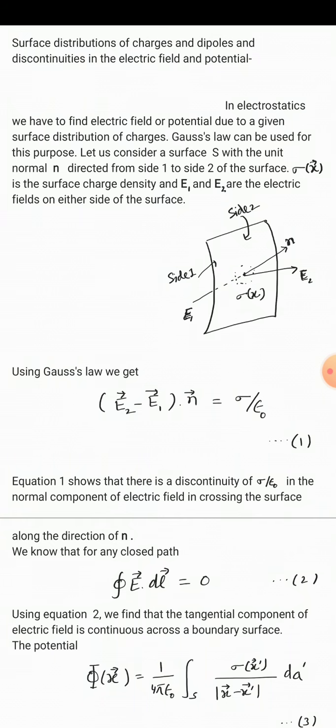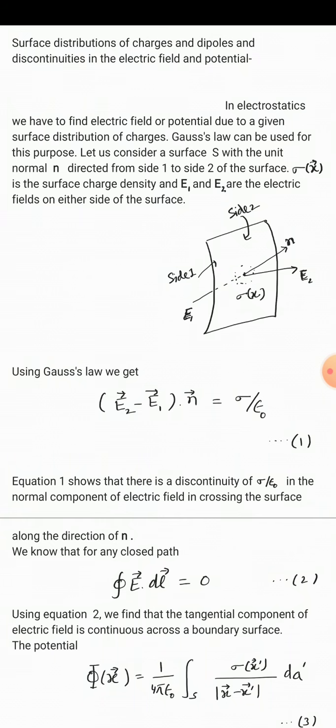So let us consider a surface S with the unit normal n directed from side 1 to side 2 of the surface as shown in the diagram, and sigma x is the surface charge density and E1 and E2 are the electric fields on either side of the surface.